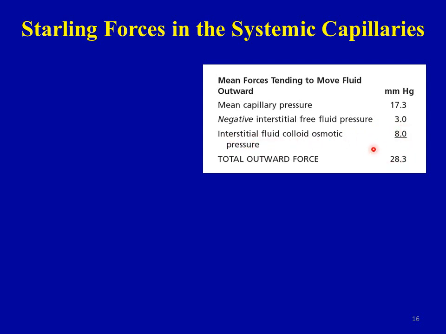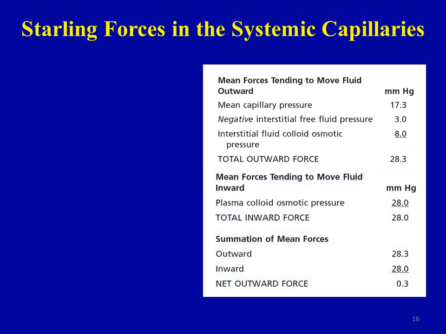So the total outward or filtration force is about 28.3 millimeter mercury. The force that tends to move fluid inward, for reabsorption, is the only force, which is the plasma colloid osmotic pressure, which is 28. If we subtract 28 from 28.3, we have a net filtration pressure of 0.3 millimeter mercury.